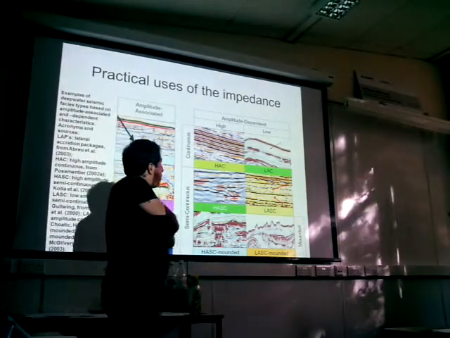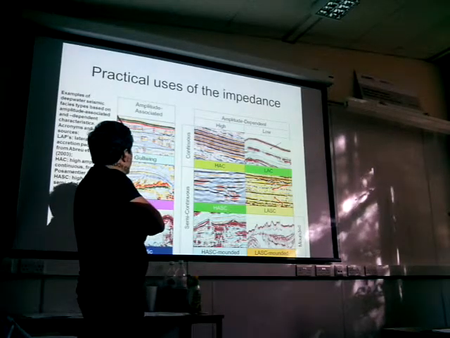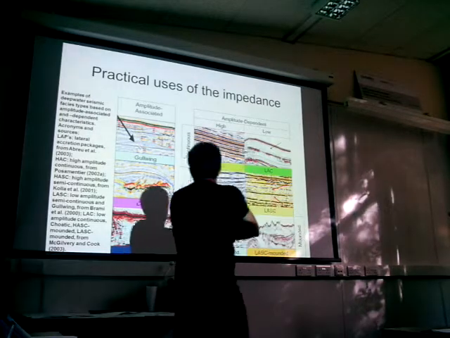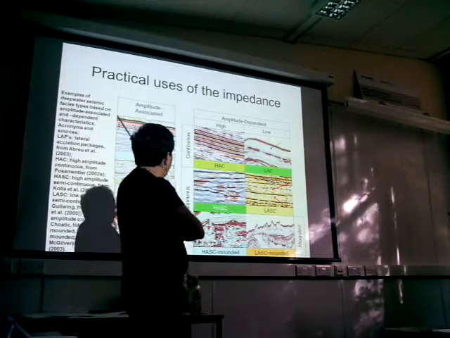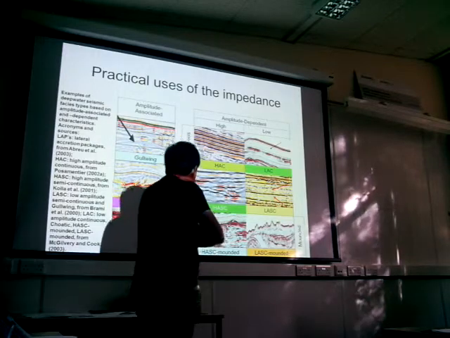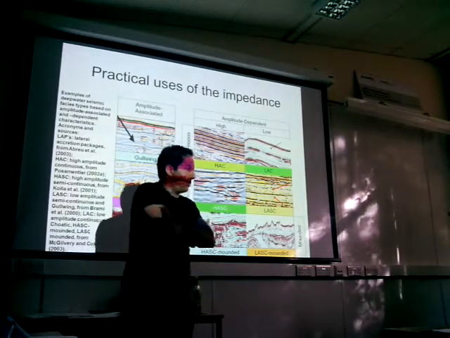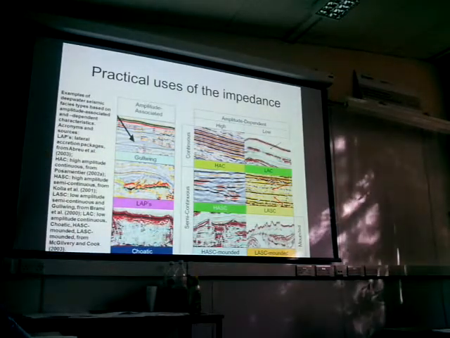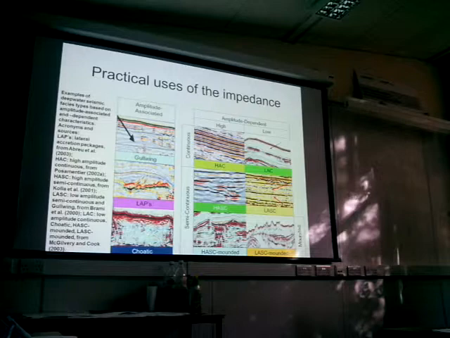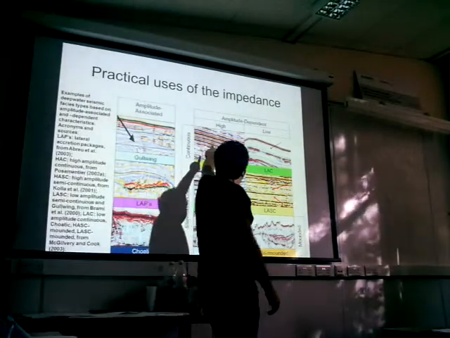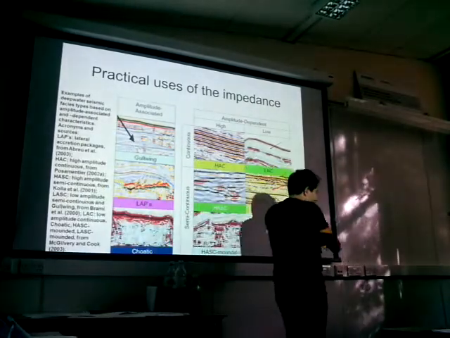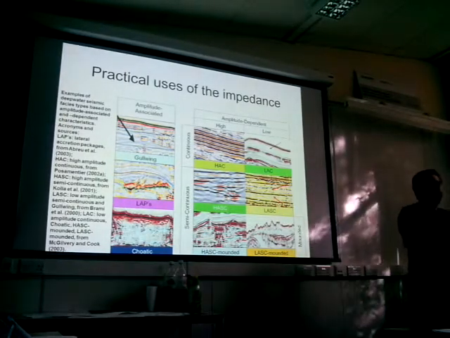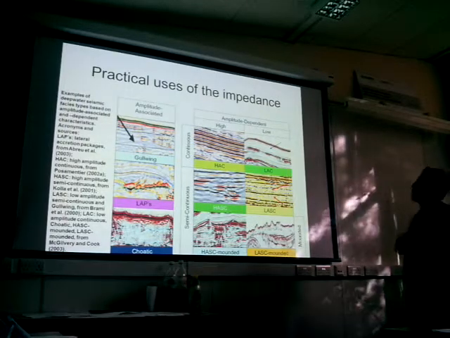As you see, they describe the amplitude as high amplitude with strong continuity, high amplitude, low amplitude, strong continuity, semi-continuous, high amplitude, non-continuous amplitude, and then the mounted and unmounted. Now, if you want to interpret those reflections in terms of the contrast of impedance, that's now pretty easy. The first one is telling you that the contrast of impedance of these two units that are visible at the seismic scale and are producing a reflector at the seismic scale is pretty much constant.